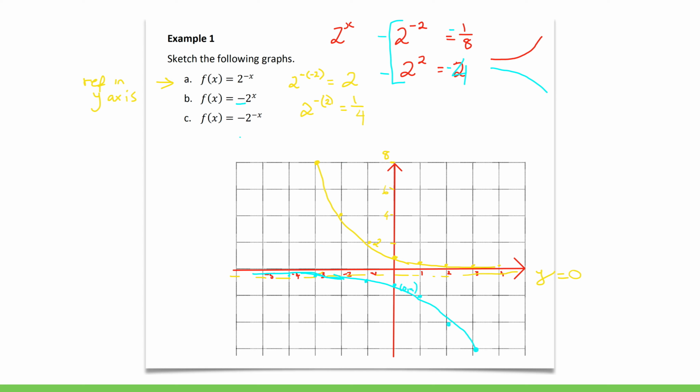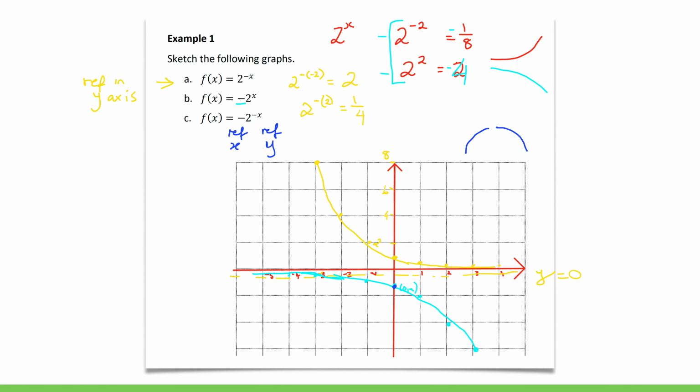Finally, for part C, we've got a negative on the outside, which we know is a reflection in the x-axis, and on the inside, which is a reflection in y. So because of all the reasons that we spoke about before, first of all, it'll be reflected downwards, and then it will be reflected in the y-axis.